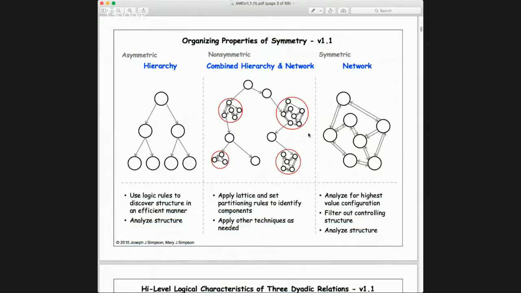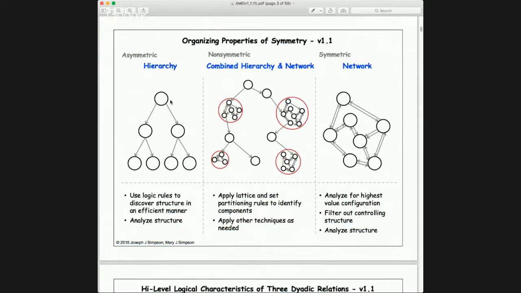But essentially what you do is you have a process where these network nodes, this whole group, is reduced to one node. You take this and you reduce it to one node, and then you have a hierarchy.